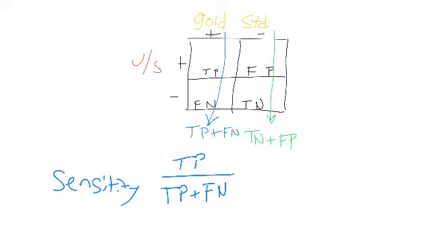And then my specificity is this green column here. And so that is the true negative over the true negative plus false positive. And that equals the specificity.